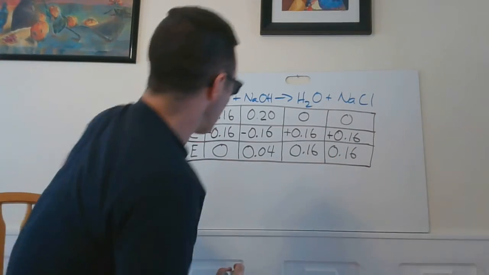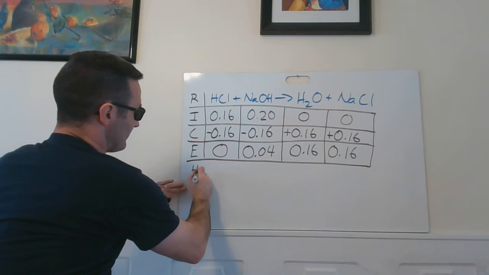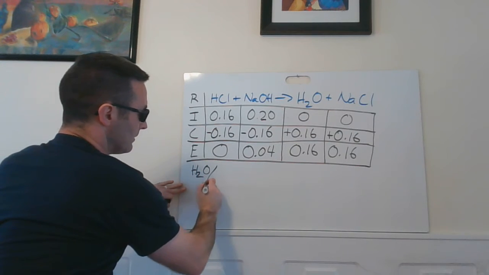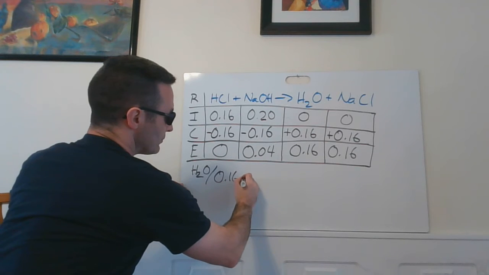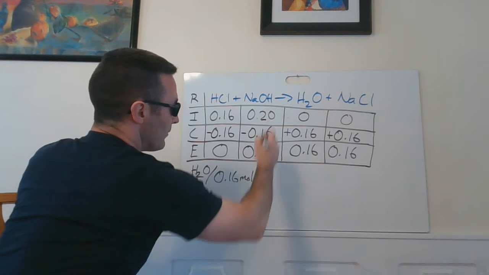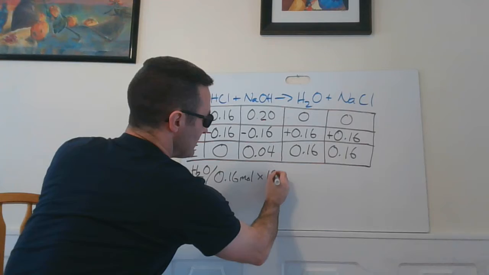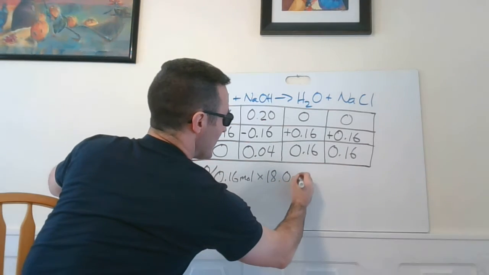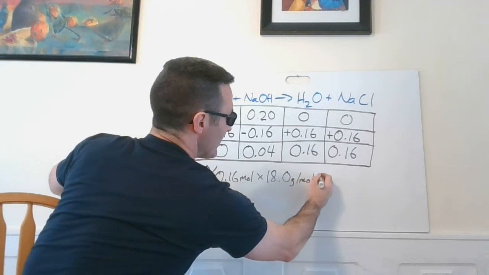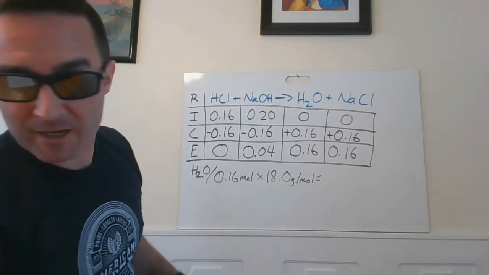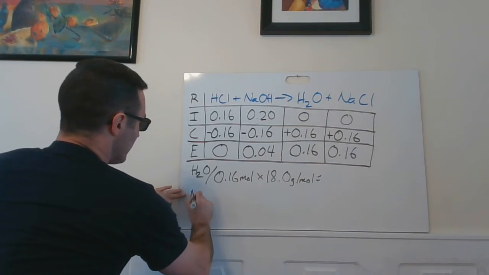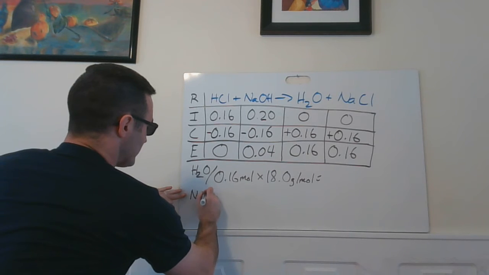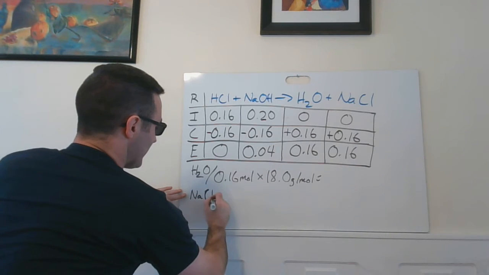Okay, how much water did I make in grams? Well, I've got 0.16 moles, but it weighs 18.0 grams per mole. That's going to give me grams. I'll put that number up for you in a second. What about sodium chloride? Same concept. Sorry about that, guys.